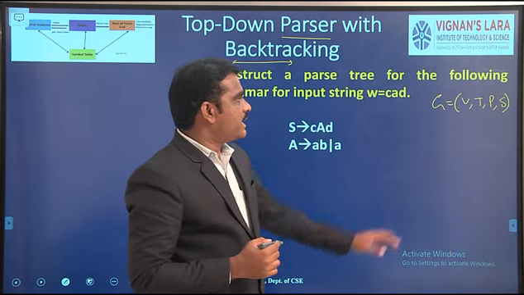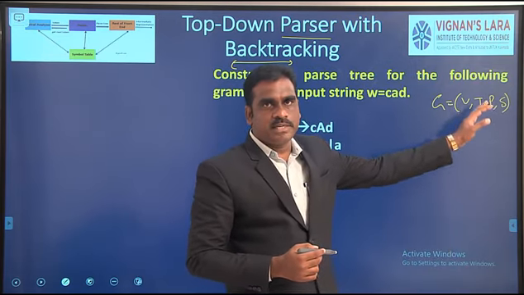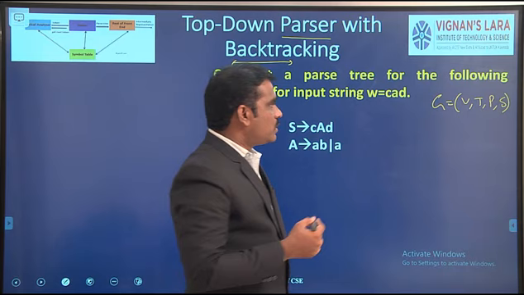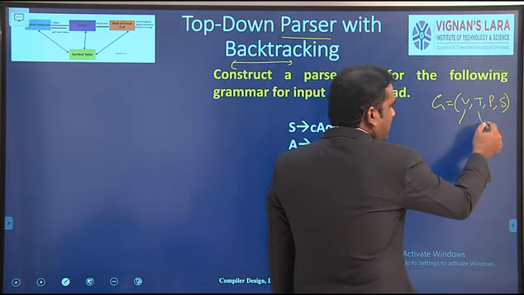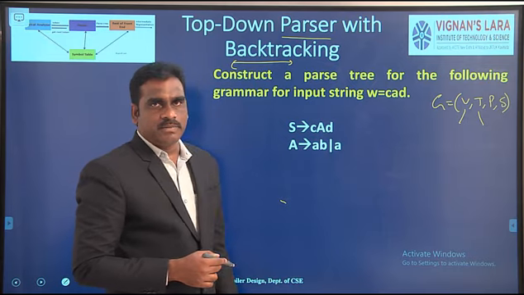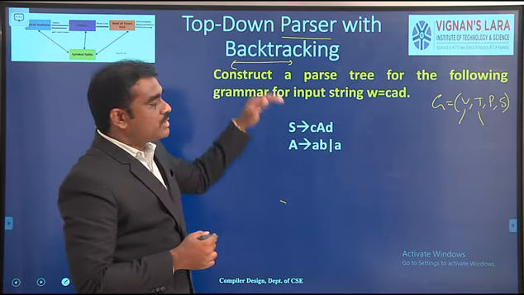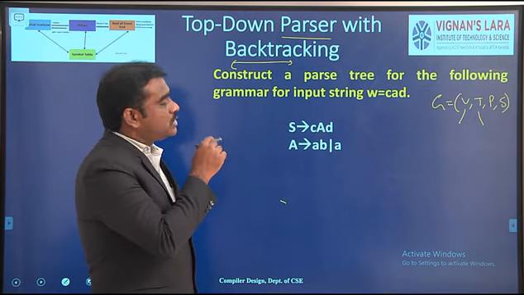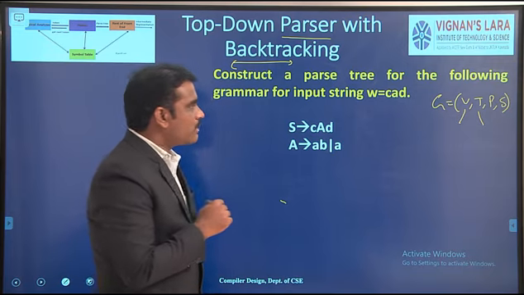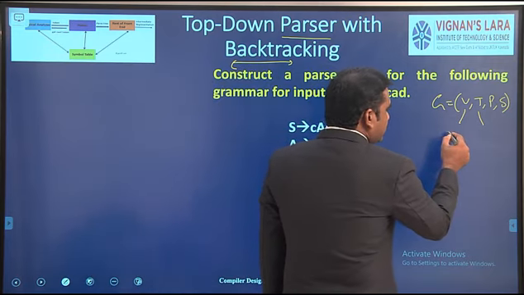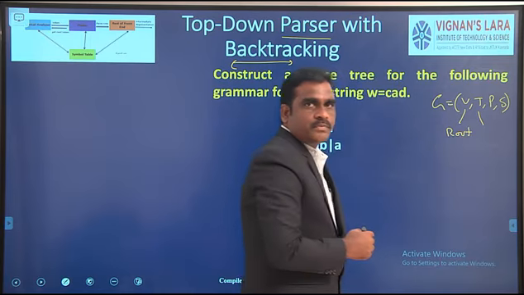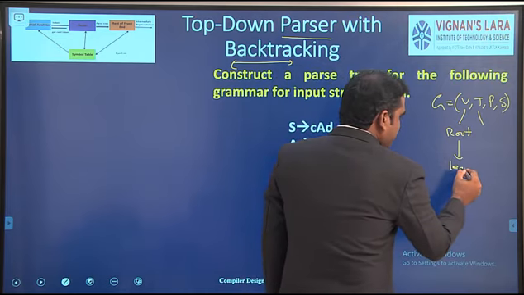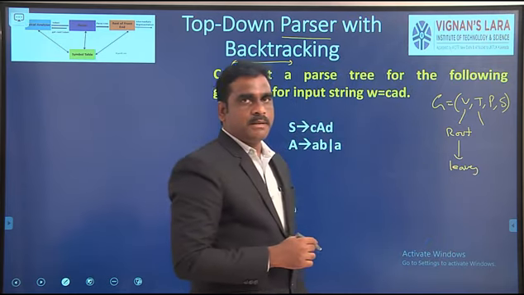The grammar contains these four tuples: variables, terminals, set of productions, and starting symbol. The tree contains nodes, and the nodes are variables and terminals. Suppose it is a top-down parser. Top-down parser means we have to construct a tree starting from top to bottom. Starting from the top means the root node, and moving towards the down, which means the leaf nodes. In this way we have to construct a parse tree.